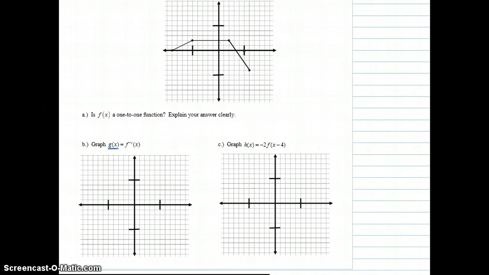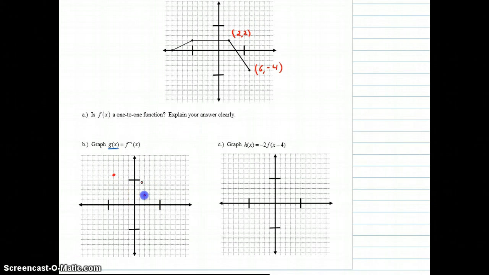But I can still do that. Let's talk about these points. This point over here is at 6, -4, so I'll swap that and put it down here. Plot the point -4, 6. This point here is at 2, 2, so I'll swap that.